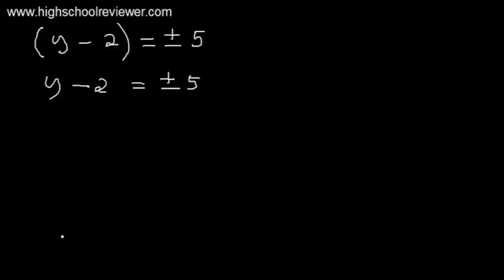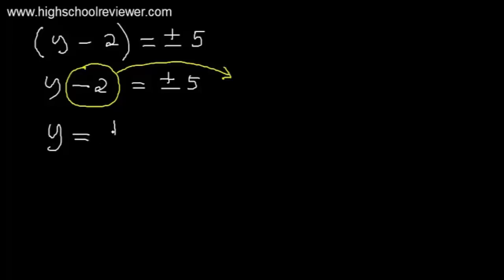So we need to transpose negative 2 to the other side. Transposing, what will be left on the left side will be positive y, and we will have plus or minus 5.